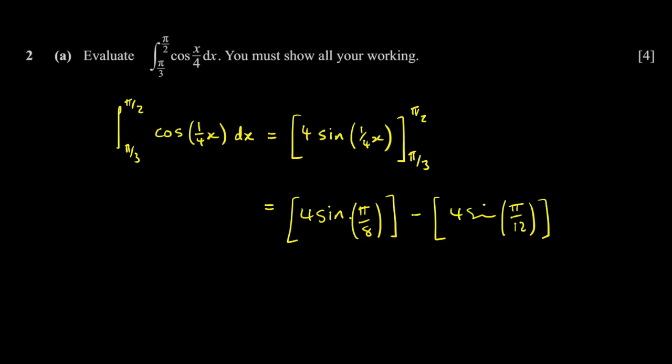Okay, so I'm going to do sine of pi over 8, minus sine of pi divided by 12, hit the equals button, and I'm going to times that all up by 4, and what I get is 0.495 to 3 significant figures, and the mark scheme says that that is indeed our answer.